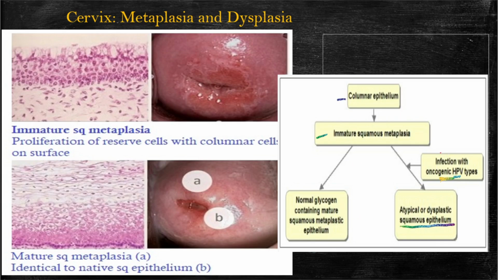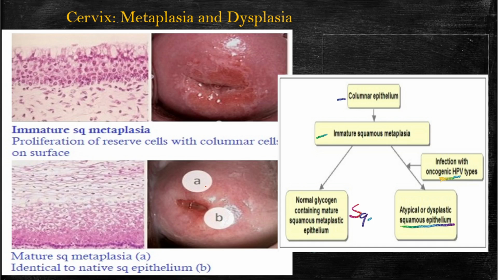If there's no outside influence from any sort of oncogenic or carcinogenic focus, then the cells will have the normal glycogen containing look of the regular original squamous epithelium, and again, that's the mature squamous metaplastic epithelium.